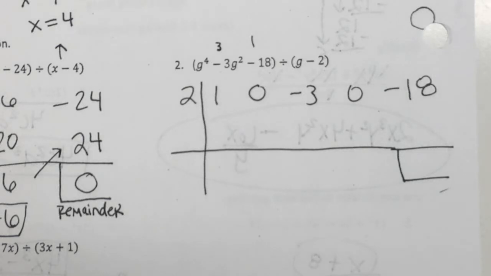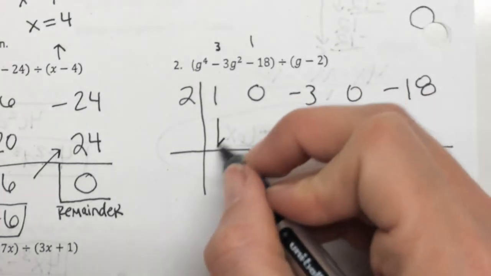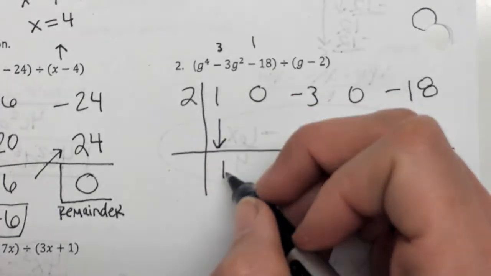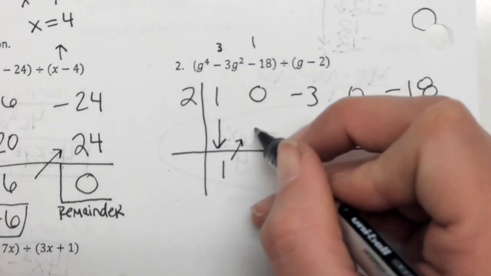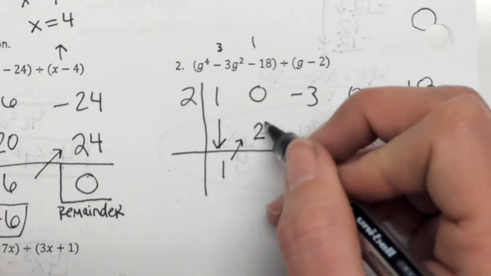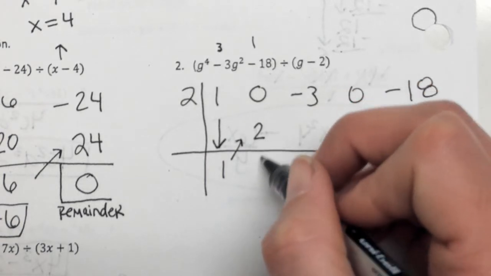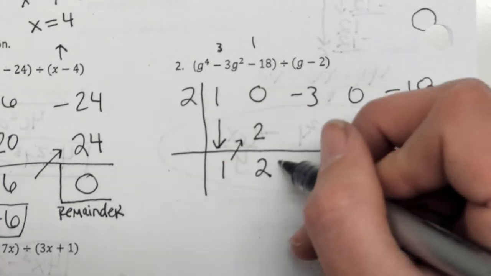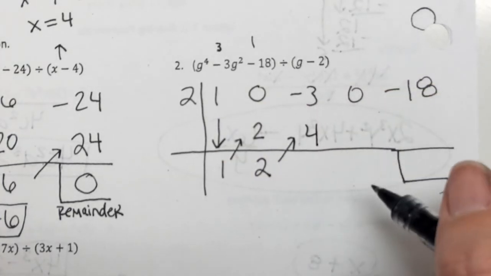Everybody good so far? Bring down the what first? Now what? Yes, 2 times 1 is what? Good. Then I do what with these? So 0 plus 2. Then I do what? Good. 2 times 2. Good.